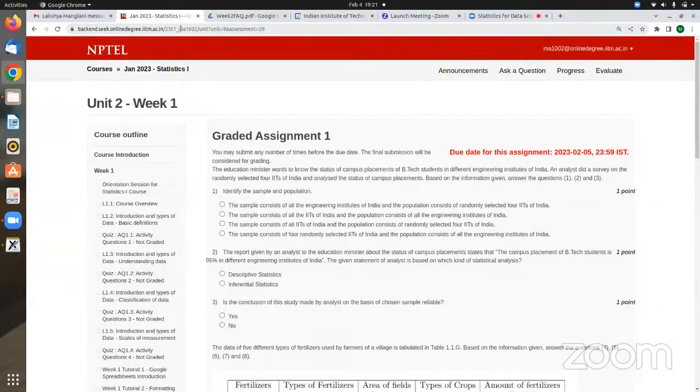Why I'm saying that the population can also have descriptive statistics is, one more example: let's say you have all the data of all the placements in engineering institutes of India. It is possible, right? I can collect all the data about all the engineering institutes of India, and based on that data I can say that the average salary of all engineering institutes is, let's say, 10 lakh rupees.